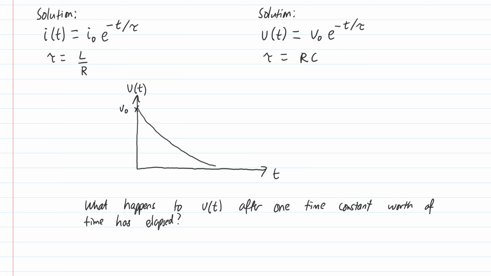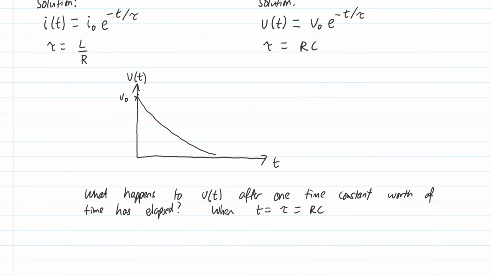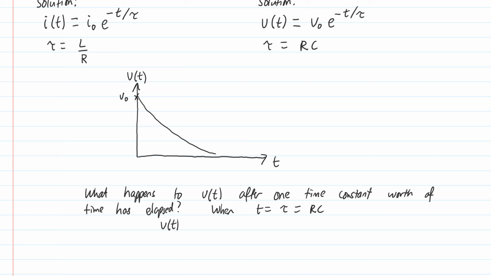In other words, when t is equal to tau, which is equal to R times C. We can substitute into our equation. It was V of t is equal to V0 times e to the minus t over tau. But we're saying substitute t equals tau, which is going to give us V of t is V0 e to the power minus 1, because the fractions there will cancel.